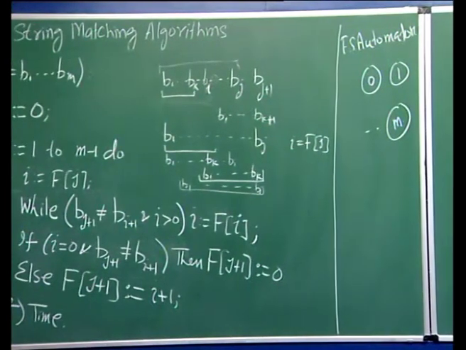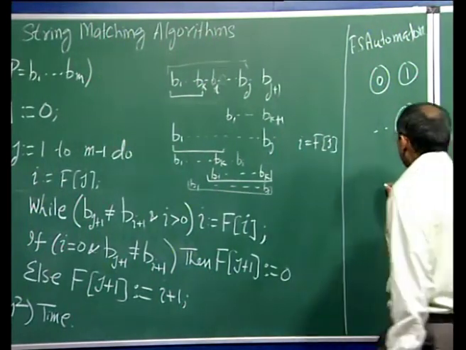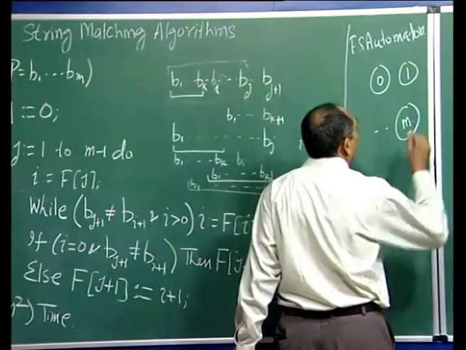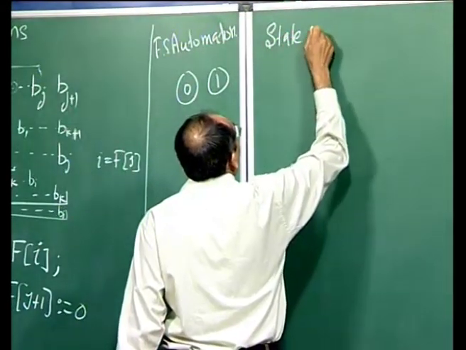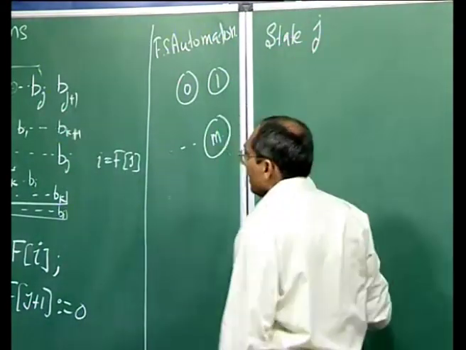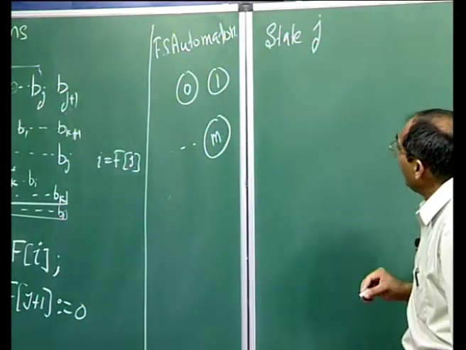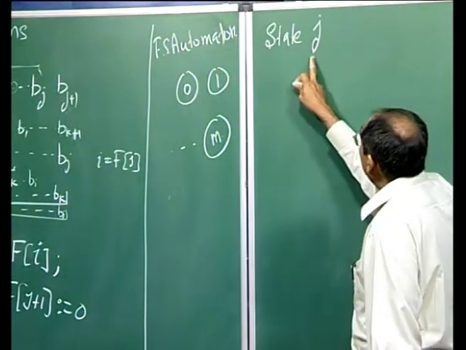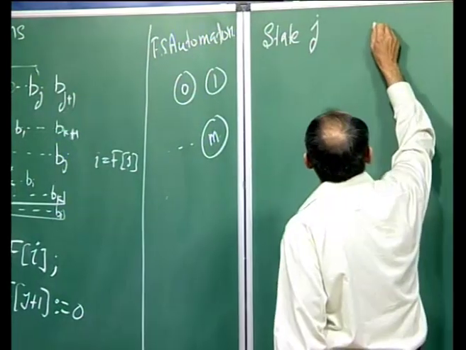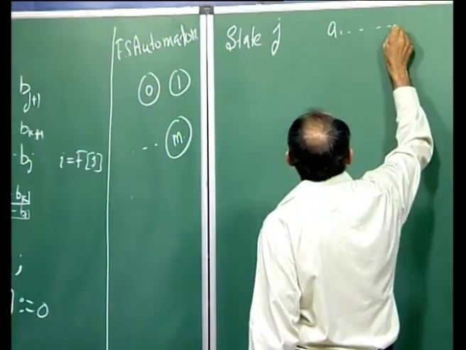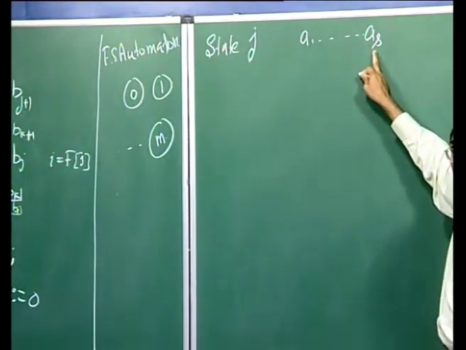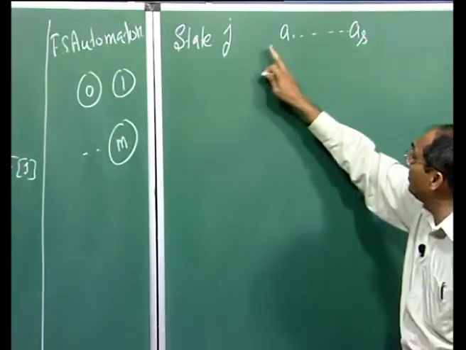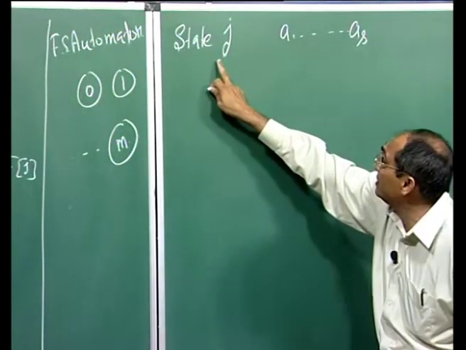and the interpretation will be the following. If the system is in state j, it means that you are currently at state j, searching through the text string, which is the input to this automaton.